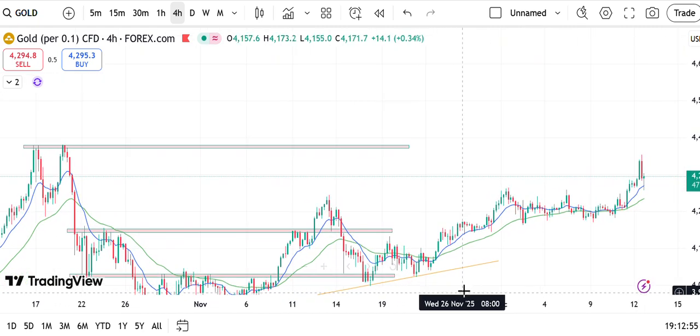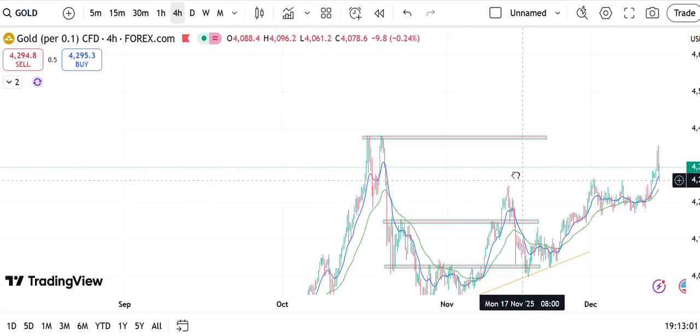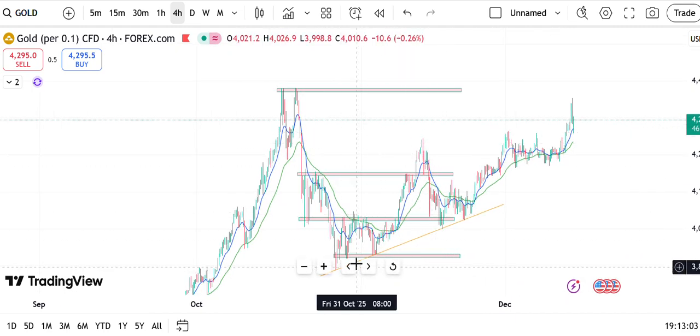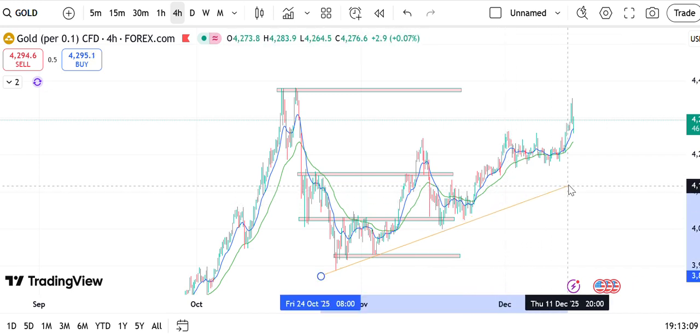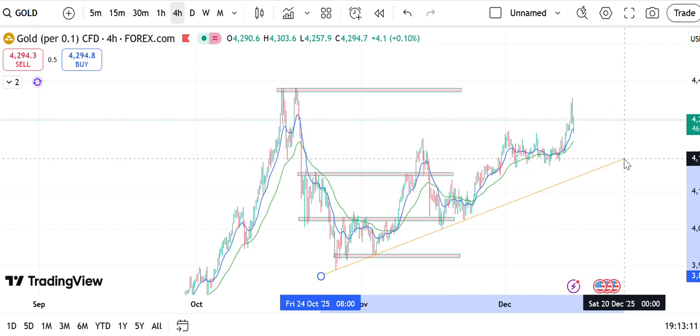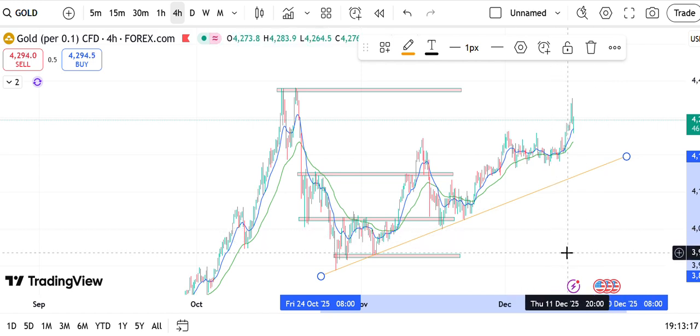The market continued and went up. The trend line was a very beautiful one. So if you draw a good trend line on gold, the market will always obey those lines.